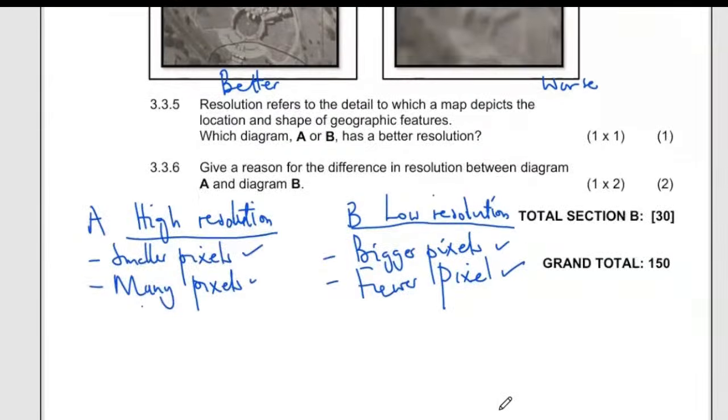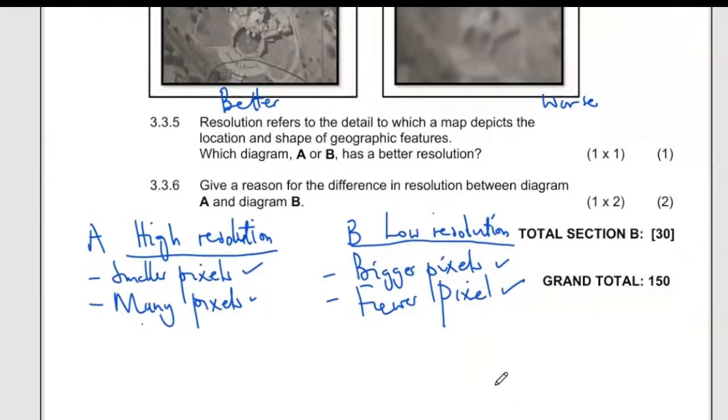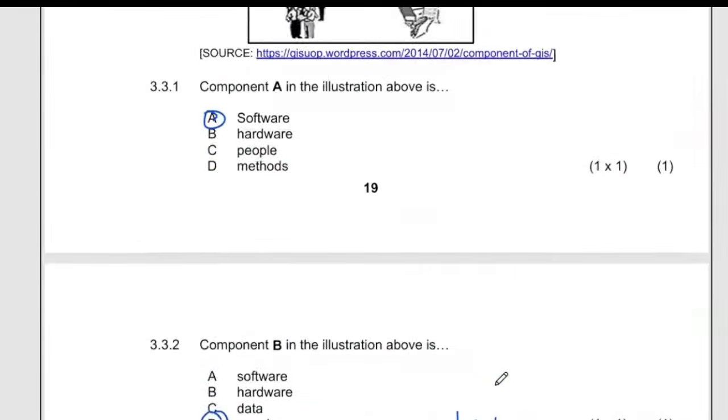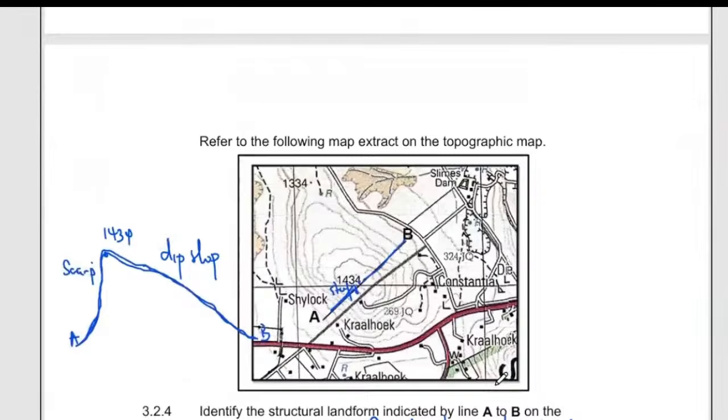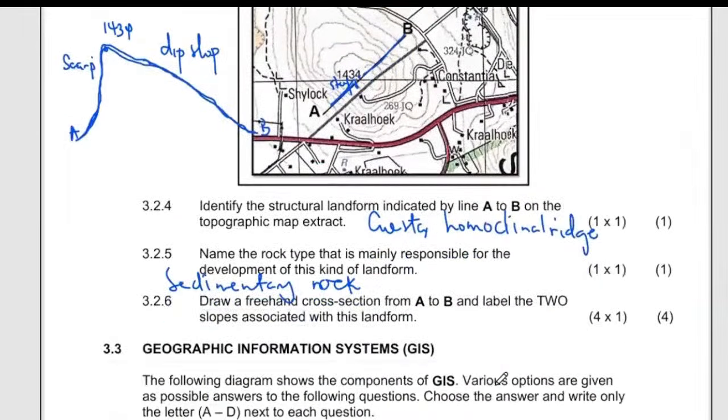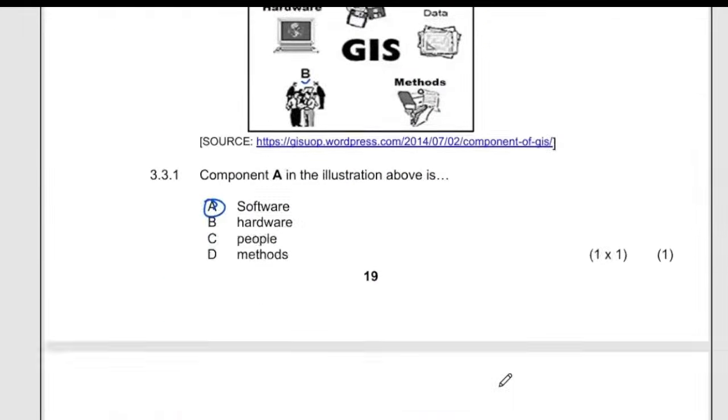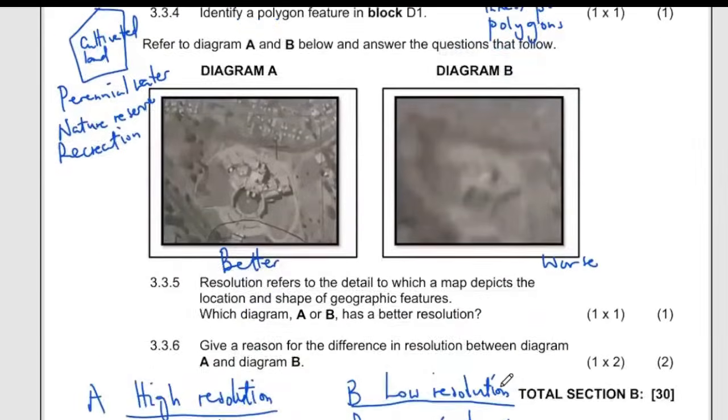Right. I think that is our part on GIS. That was the concluding part on our geographic information systems. So with that being said and done, I think we have come to the end of our discussion.